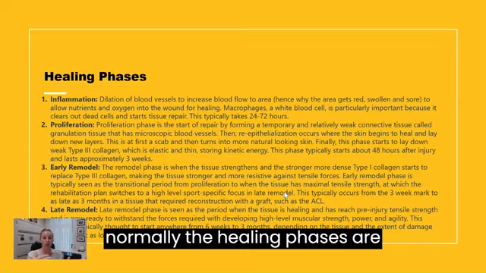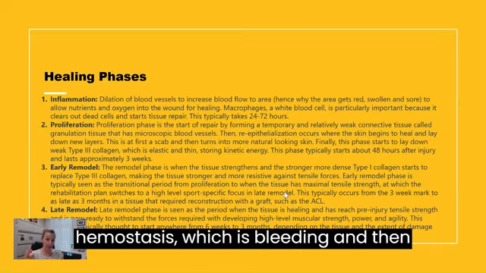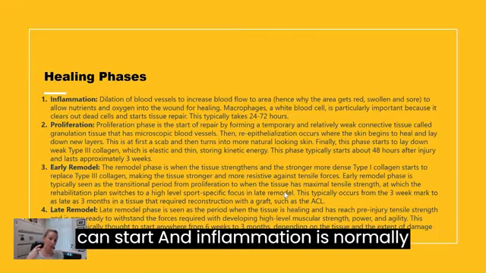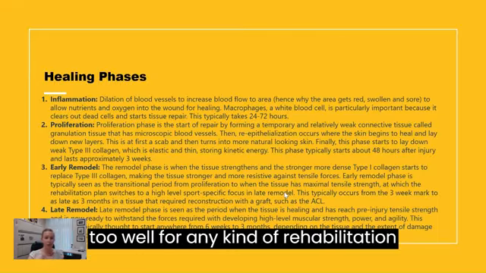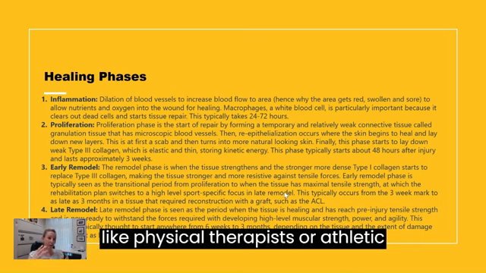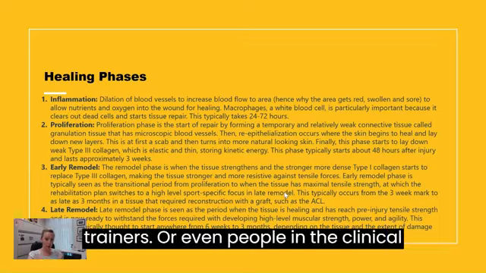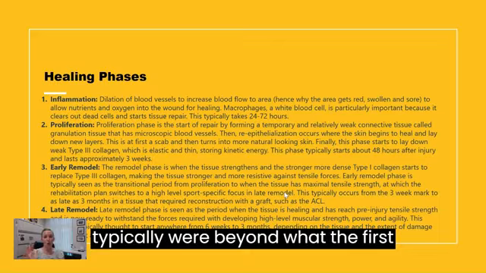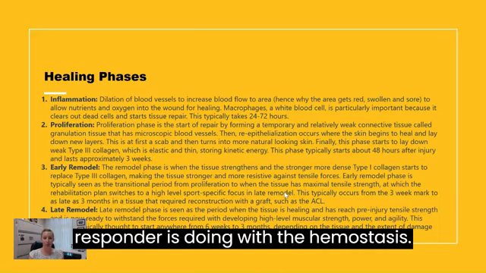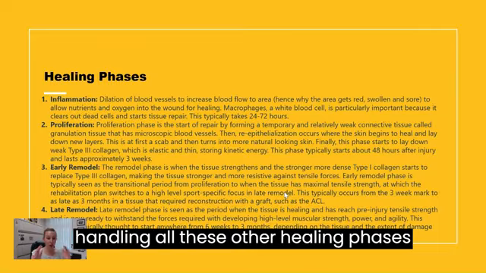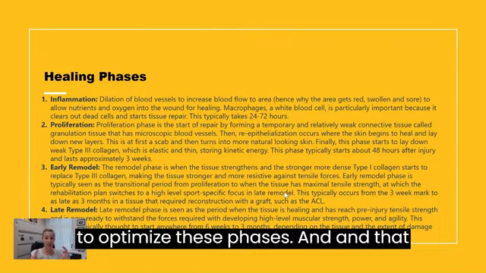So normally the healing phases are hemostasis, which is bleeding. And then once you control that, which is very acutely, then the inflammation process can start. Well, for any kind of rehabilitation setting, when we're intervening, as far as like physical therapists or athletic trainers, or even people in the clinical setting of physicians and things, typically we're beyond what the first responder is doing with the hemostasis, and we're moving to controlling and handling all these other healing phases to optimize these phases.